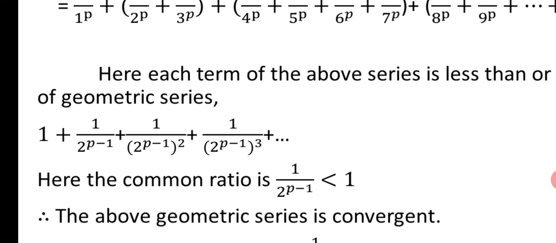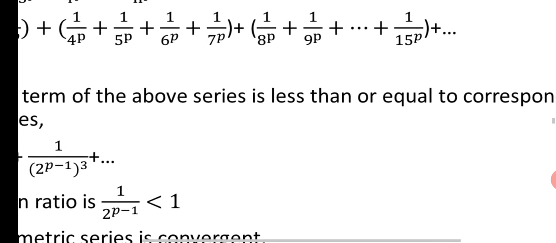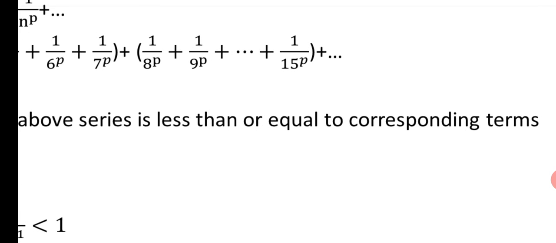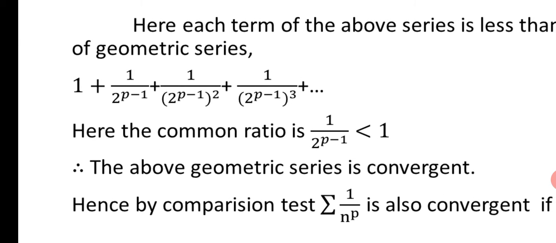Here each term of the above series is less than or equal to the corresponding term of the geometric series 1 plus 1 by 2 to the power of p minus 1 plus 1 by 2 to the power of p minus 1 whole square plus 1 by 2 to the power of p minus 1 whole cube etc.